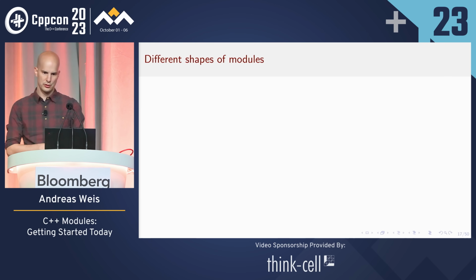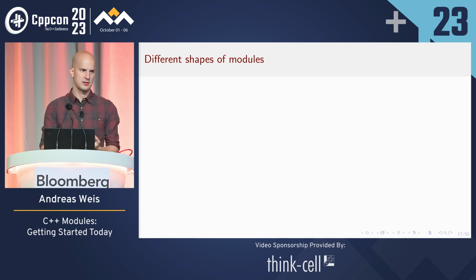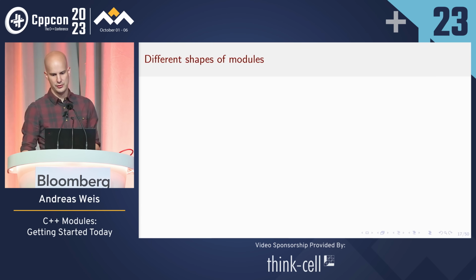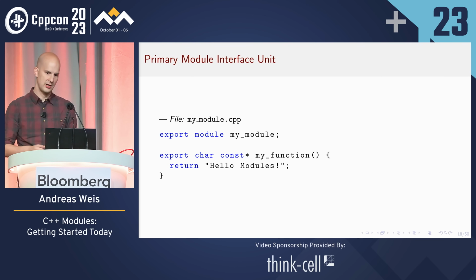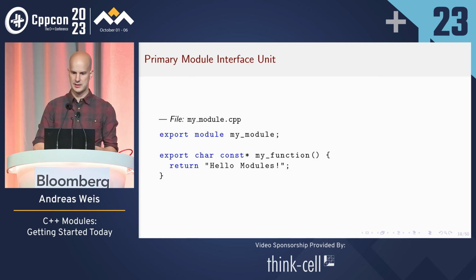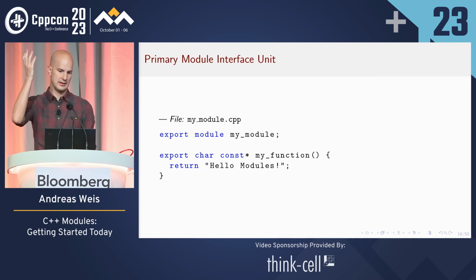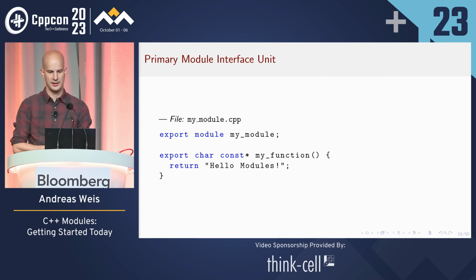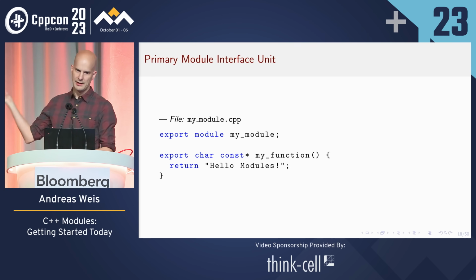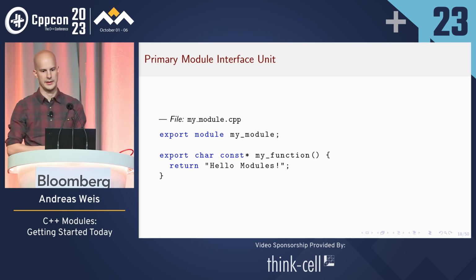So let's take a look at the different shapes of modules that we have available for structuring our code. What we saw so far was an example like this, where I have the export module keyword, and then I just list all of the stuff that I want to export, and also stuff in there that I'm not exporting, but I put everything into a single file, right?